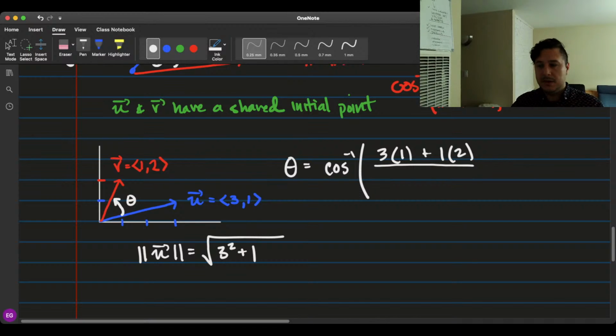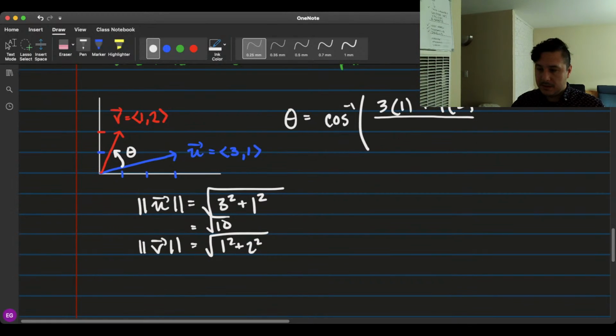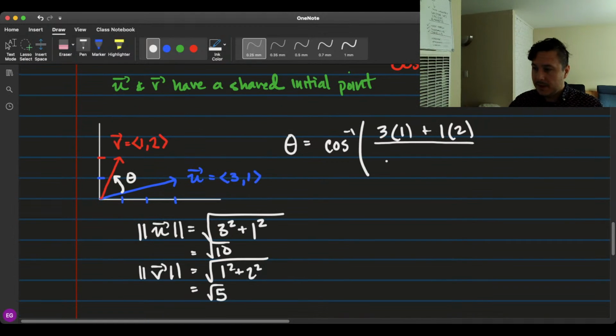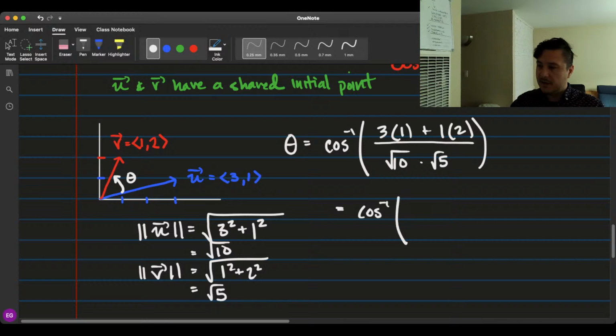Because remember, for the magnitude you square the components, add them together, and take the square root. So that's going to be square root of 10. The magnitude of v will be 1 squared plus 2 squared, which will be 5, root 5. So on the bottom you get root 10 times root 5, which means I'll get cosine inverse of 6 plus 2 is 8. 8 over root 50.